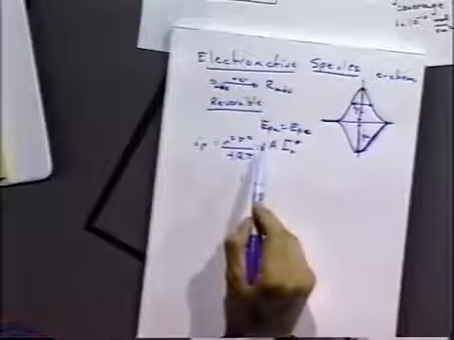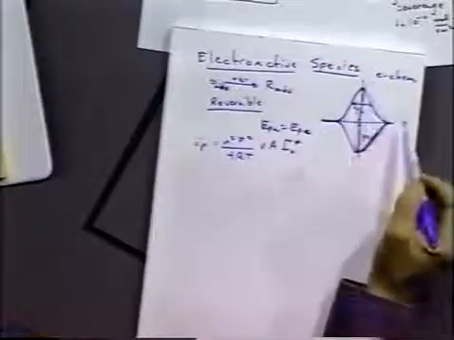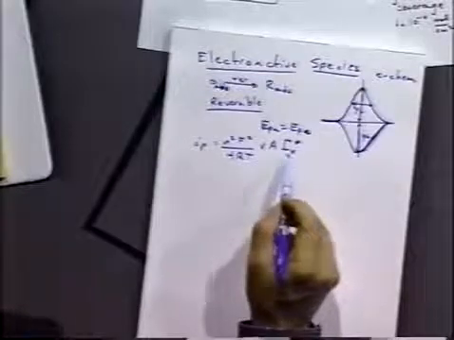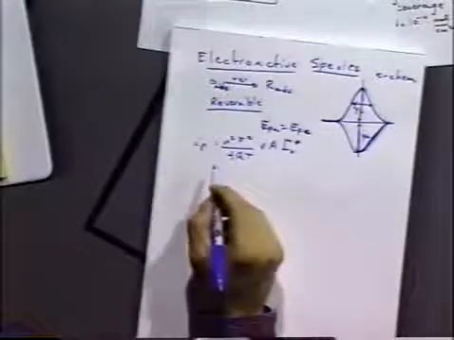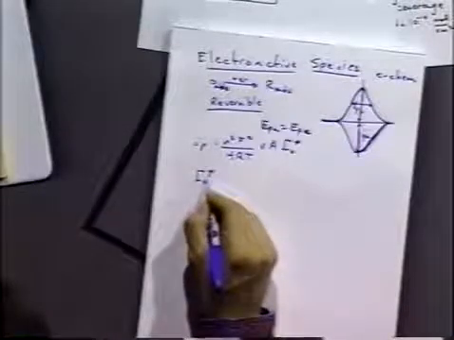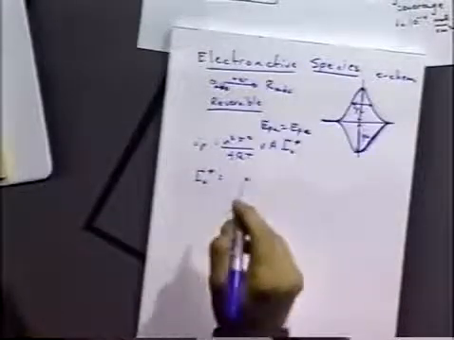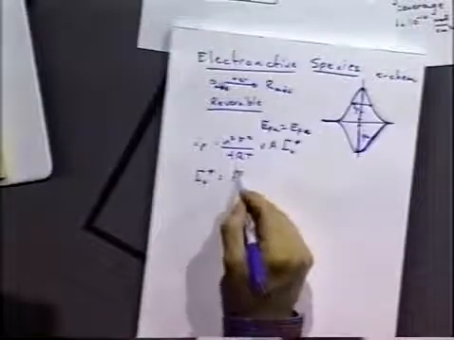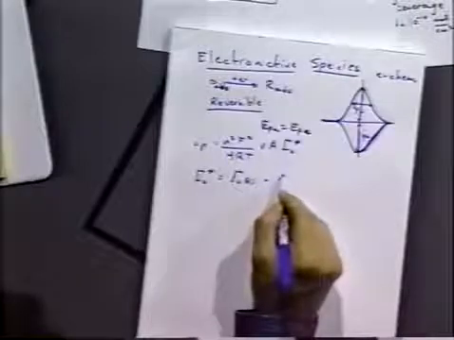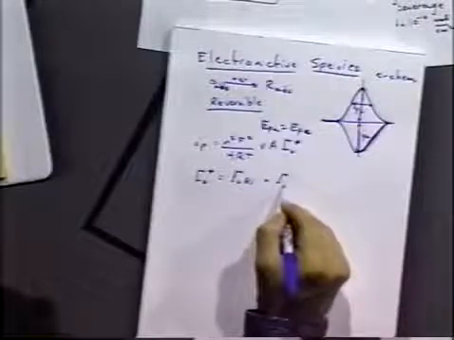The faster we sweep, the higher these peaks are going to be. But otherwise it's very similar to what we've seen before. Gamma 0 star is just a term that includes the adsorption of the oxidized species with time plus the reduced species with time.